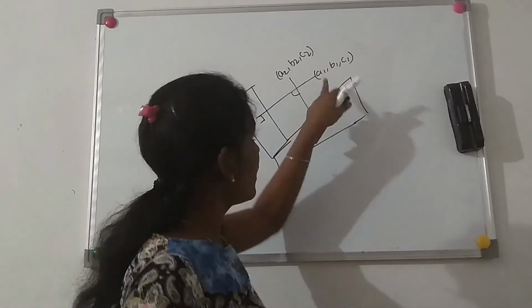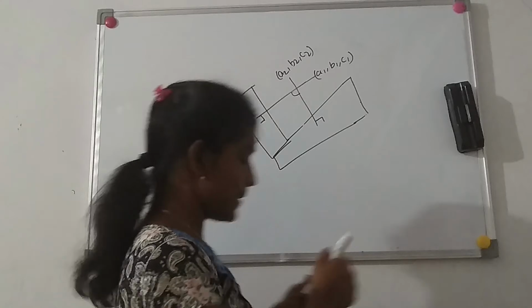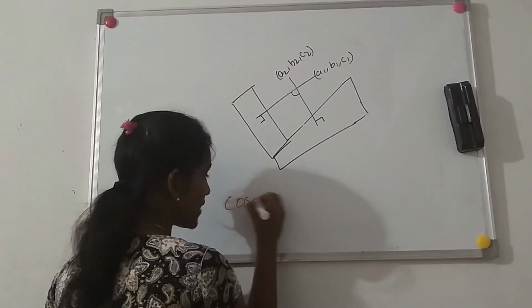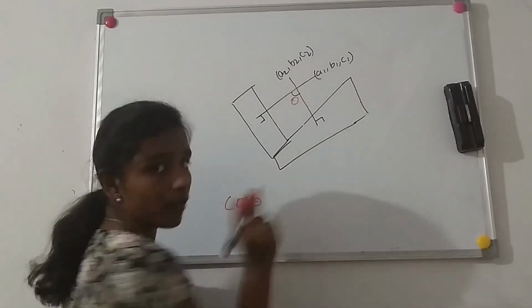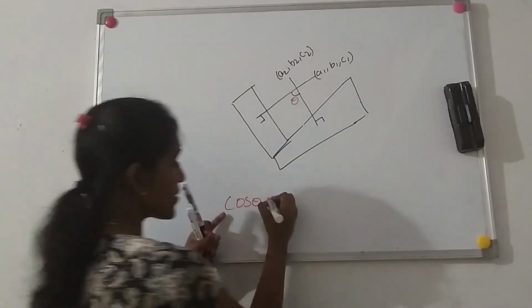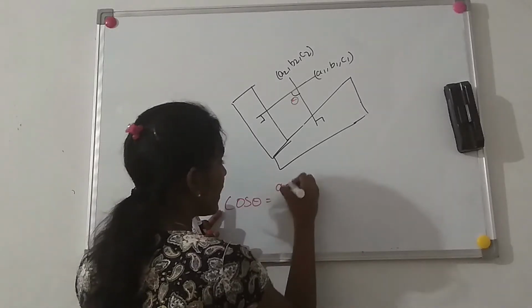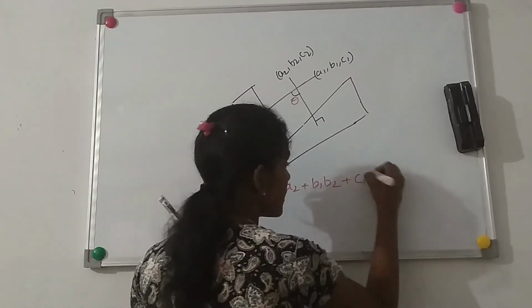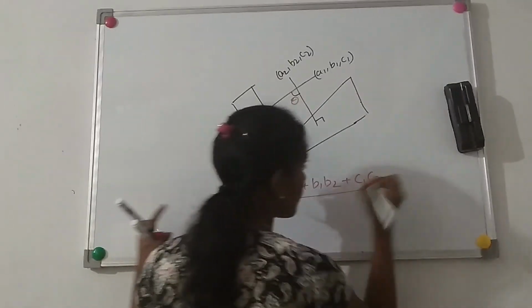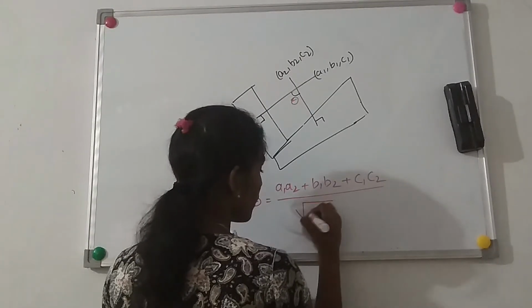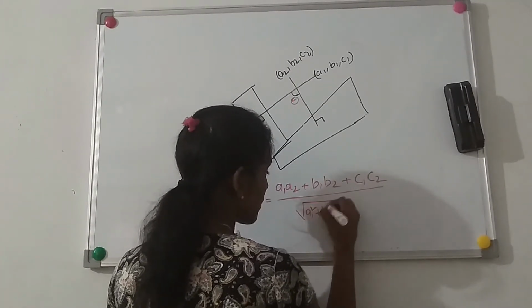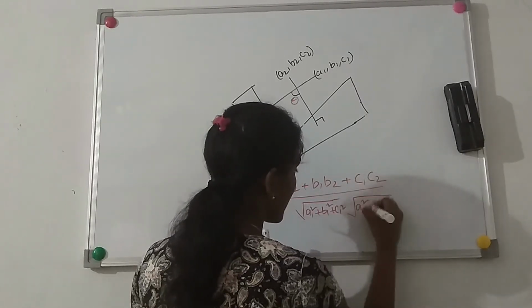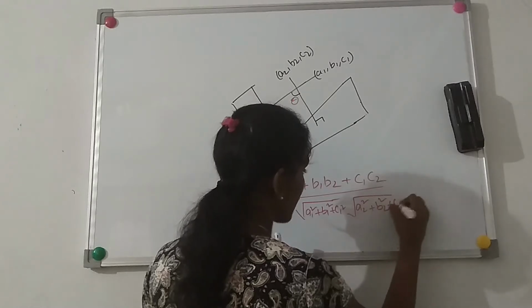Okay, so now the angle between the two planes is a small formula, you need to remember it, that is cos theta. Theta is this angle. So cos theta is equals to a1 a2 plus b1 b2 plus c1 c2 by root of a1 square plus b1 square plus c1 square into root of a2 square plus b2 square plus c2 square.